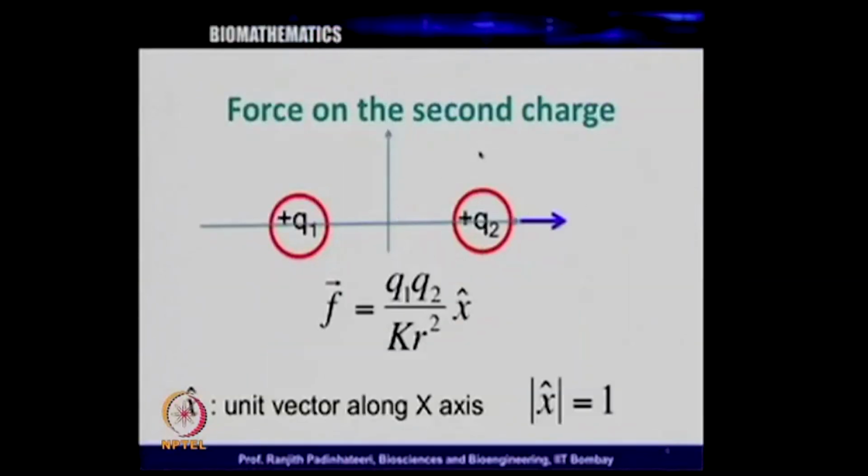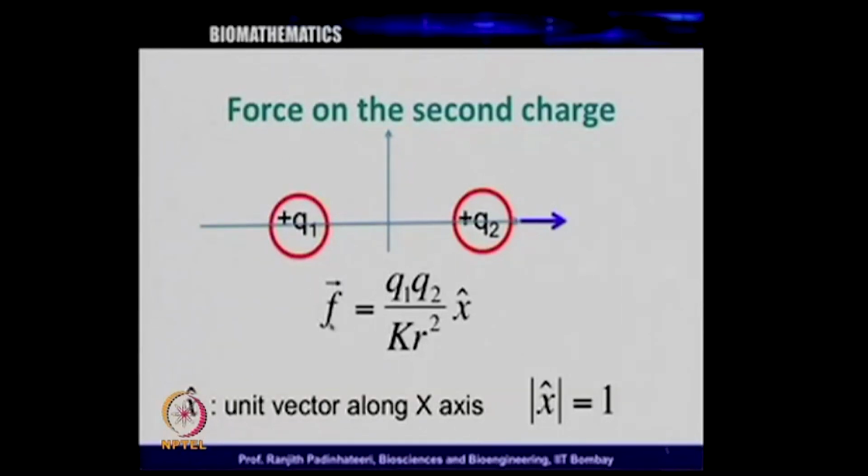Let us look at the force again. You have two charges, Q1 and Q2, and we want the force on the second charge, Q2, due to the first charge. That force is represented by F with an arrow on top, which says that F is a vector.